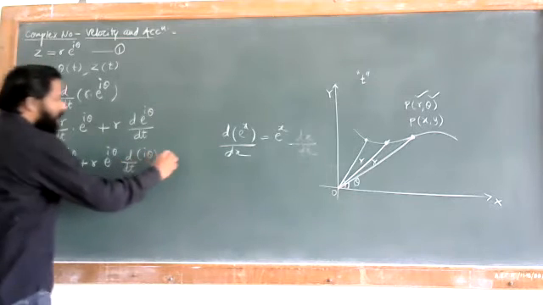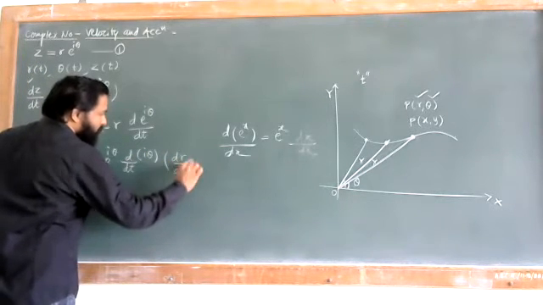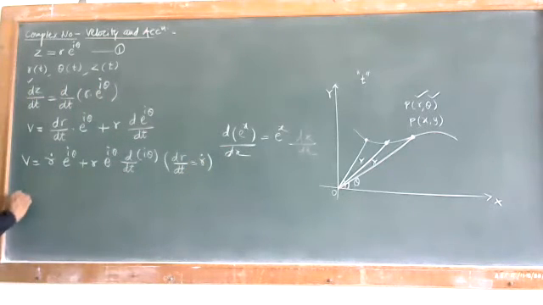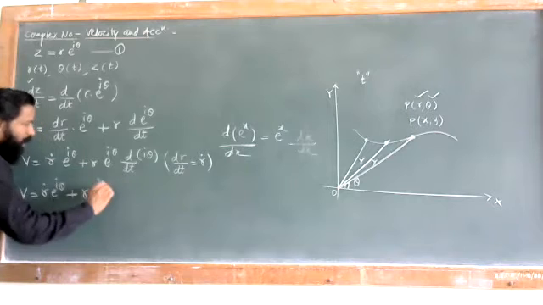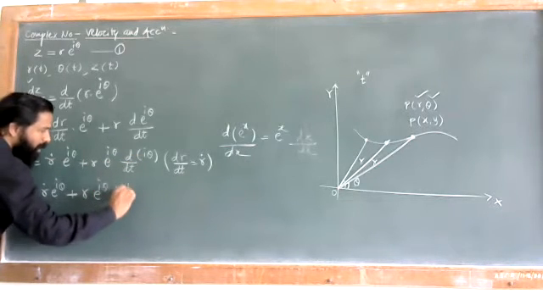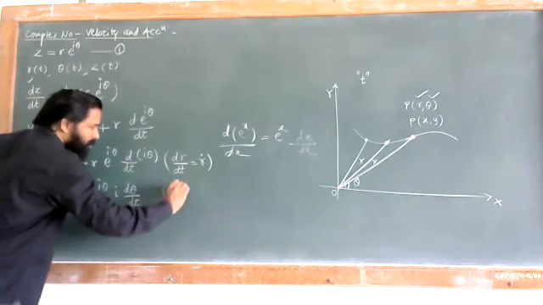Just remember that we have used the condition that dr by dt is equal to r dot. Okay, so say the velocity v is equal to r dot e raised to I theta plus r into e raised to I theta into the derivative of I theta, where I is common, into d theta by dt. So what is d theta by dt?